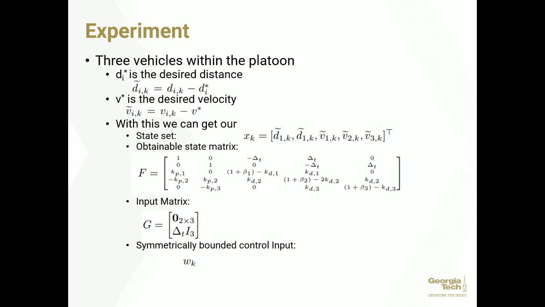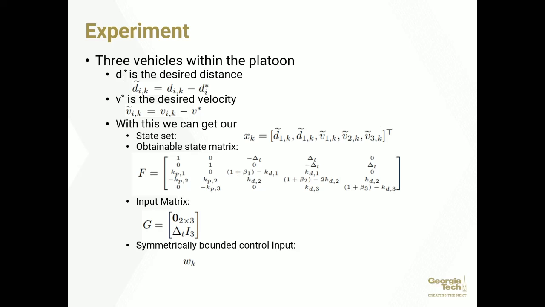Next, we have v asterisk, which is our desired velocity, and we change it in the same way we change distance, where v sub i sub k equals v sub i sub k minus v asterisk. With these, we can get our following states and matrices. The state set itself is quantified by both the new distance and the new velocity.